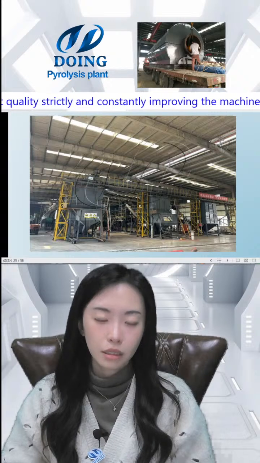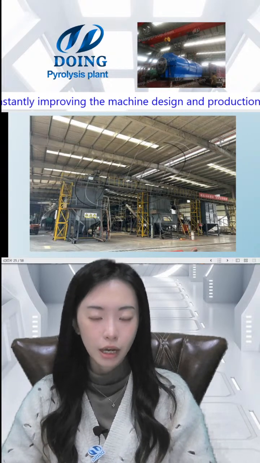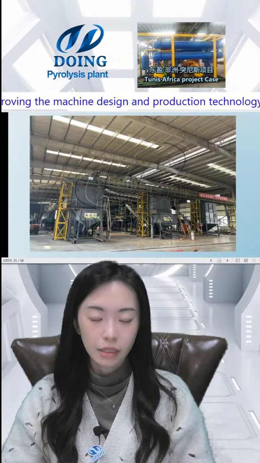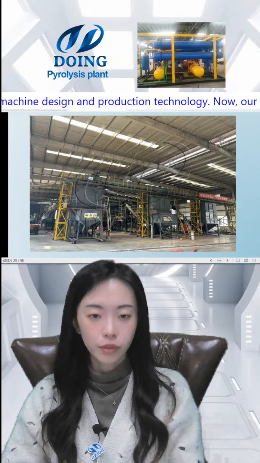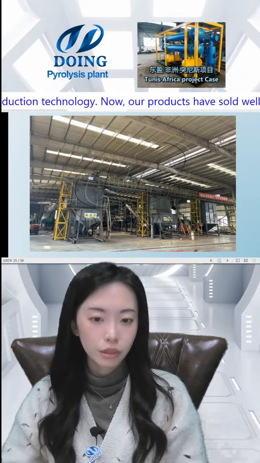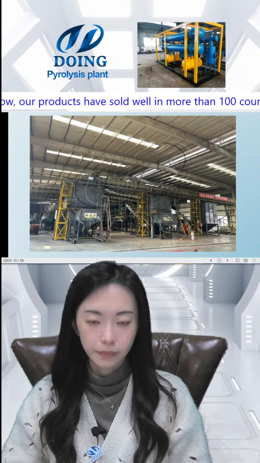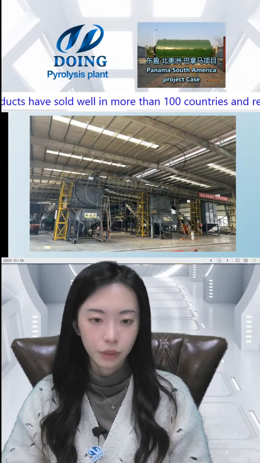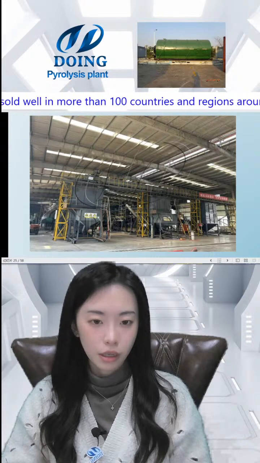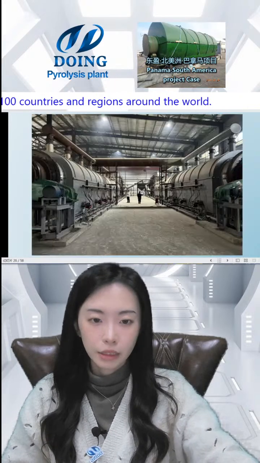This is a customer that the material is the waste tire. They will process more than 100 tons of the waste tire each day. So they chose the highest capacity of the fully continuous one. They can get the waste tire oil, the steel wire and carbon black. And this is a reactor.